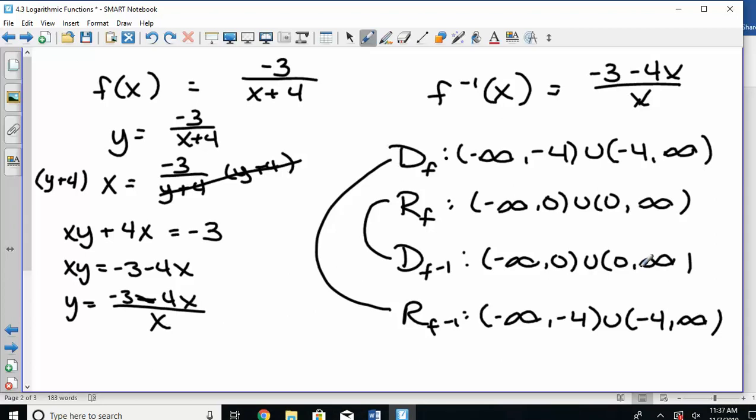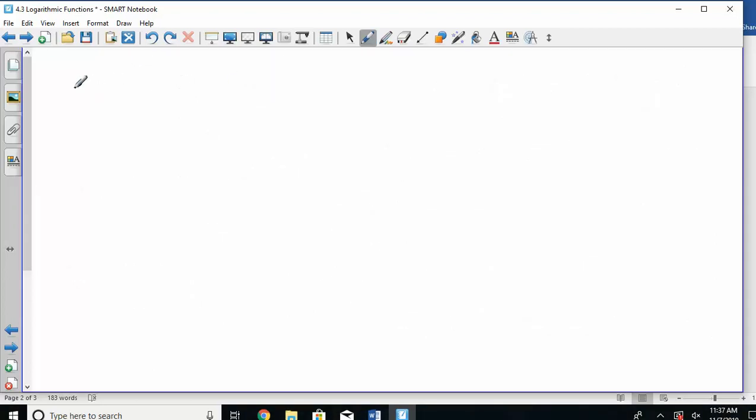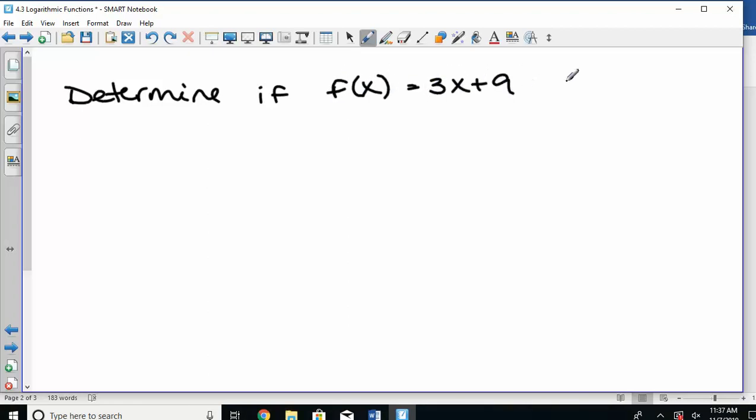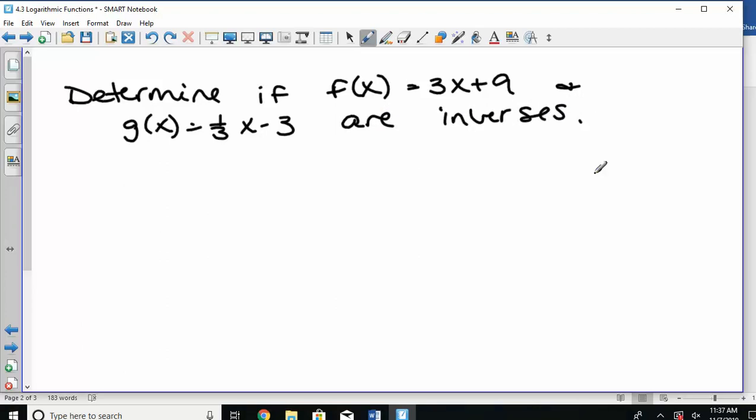One more thing I want to mention from section 4.1. If I asked you if two functions were inverses.